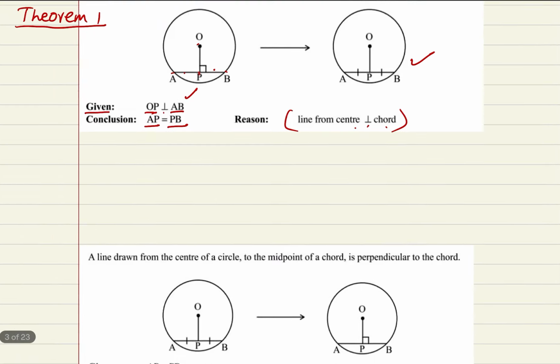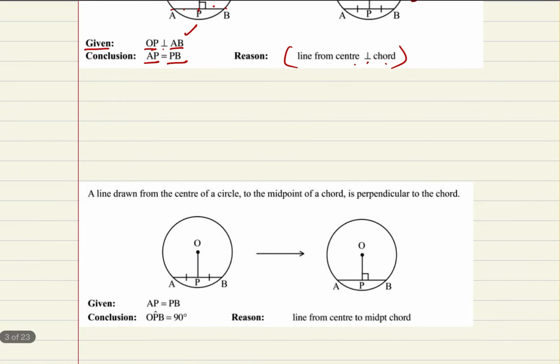Then secondly, I have what I call a converse of theorem 1. Why do we call it a converse of theorem 1? Remember, I said a converse is something that behaves like a theorem, but it's not a theorem.